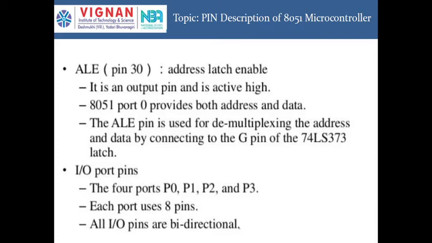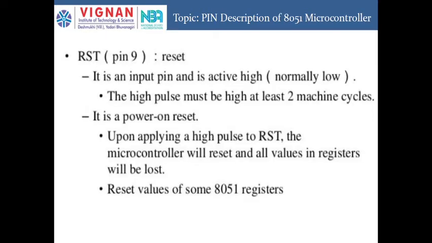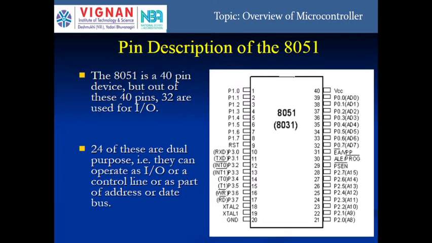So in the previous class, we discussed the overview of 8051 microcontrollers, including the various features of the 8051 microcontroller, its architecture and pin diagram. As you know, this 8051 microcontroller is available in a 40 pin IC. Out of these 40 pins, 32 pins are used for input output.